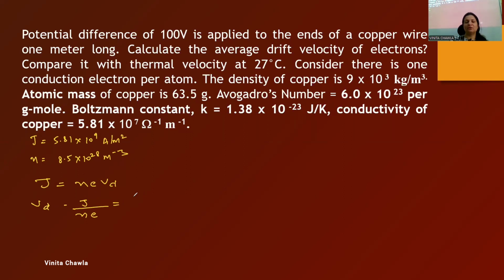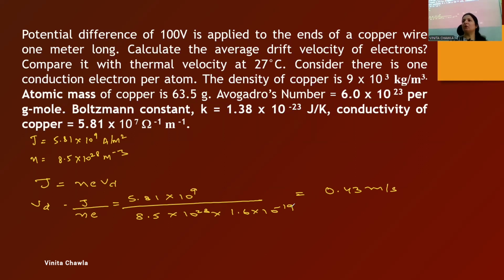J is 5.81 into 10 raised to the power 9 divided by value of n is 8.5 into 10 to the power 28, and value of e is 1.6 into 10 to the power minus 19। ठीक है? So substituting all these values, you'll get the drift velocity as 0.43 meter per second. This is the drift velocity that we got.